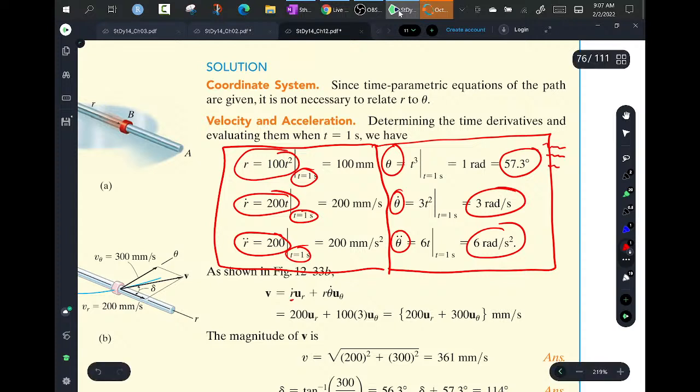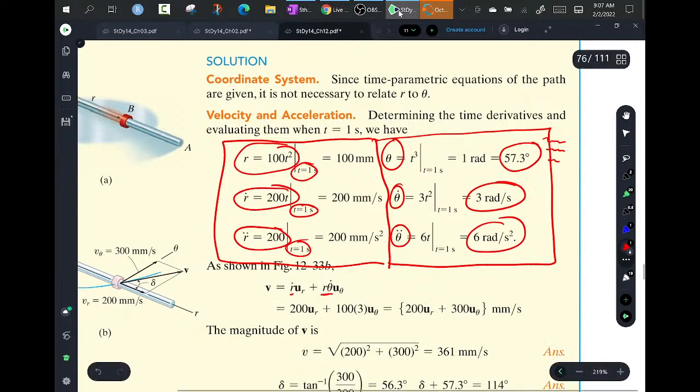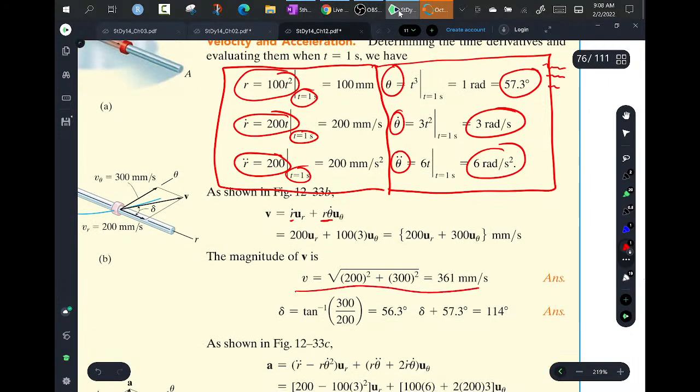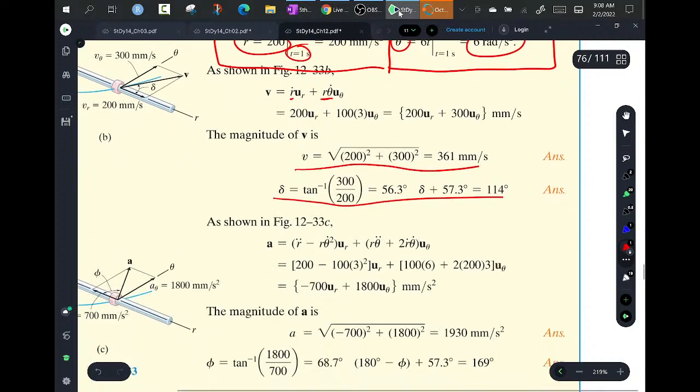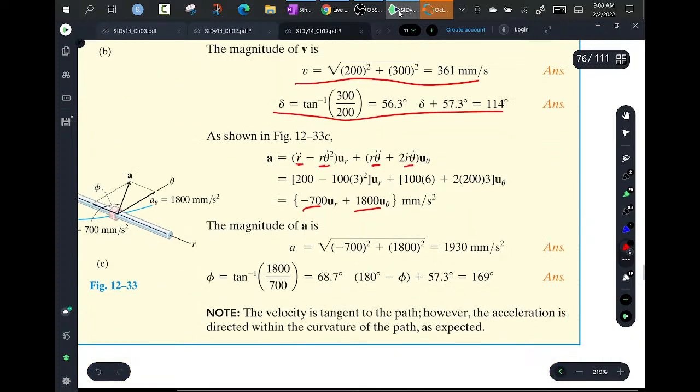And then you're just putting them in here. And then if he's asking you for the magnitude, now here he's asking for the angle, I don't know why. And then if you look at it, all you're doing is substituting in the values here, and you get your 2 components. And of course up here he's looking for the acceleration component.